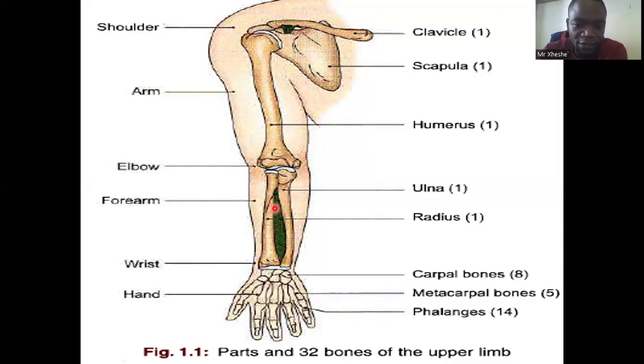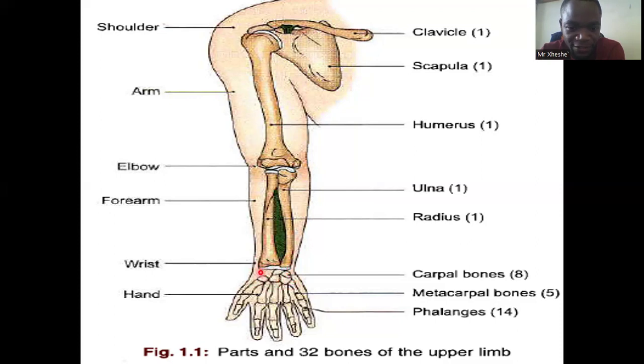One is in line with the thumb, that is the radius bone. The other one is in line with the little finger. We call this the ulna. All right, ulna, radius.